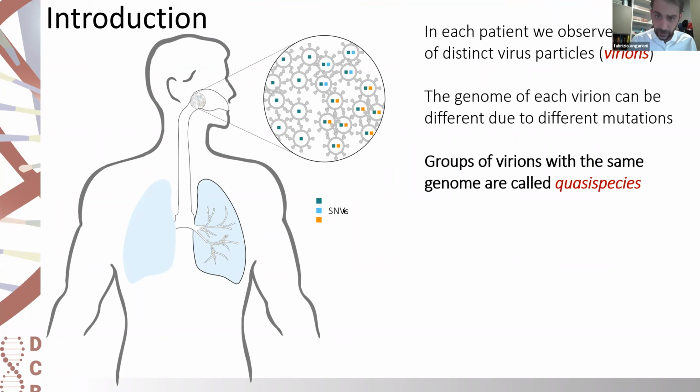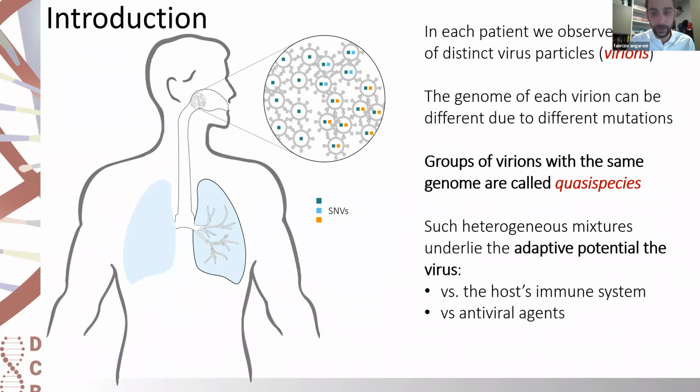Each set of virions with the same genome is called a quasi-species. This mixture of quasi-species with different genomes inside a human body can underlie the adaptive potential of the virus versus the immune system, because it gives the virus a lot of heterogeneity.